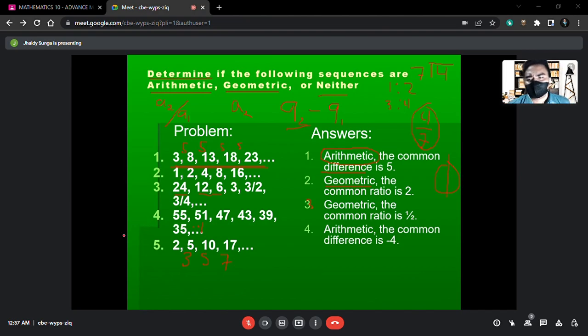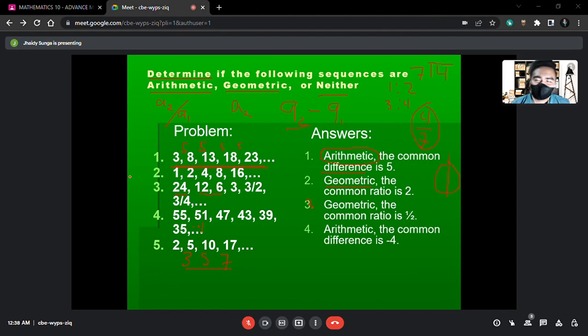Some of you may already be telling that these are consecutive odd numbers. So for you to get the next term, it is added by the odd numbers.